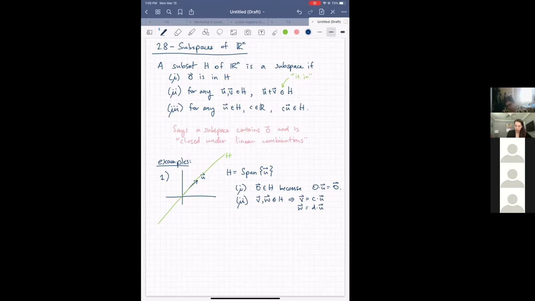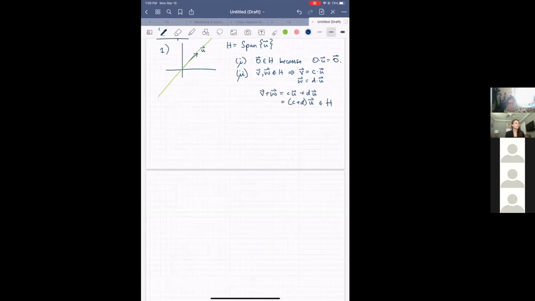Well, they could be the same, but in any case, if we take the sum of these, that's equal to C times U plus D times U, and this is just one of our properties of vector addition. We get C plus D, those two constants, times U, which is definitely in the space H.